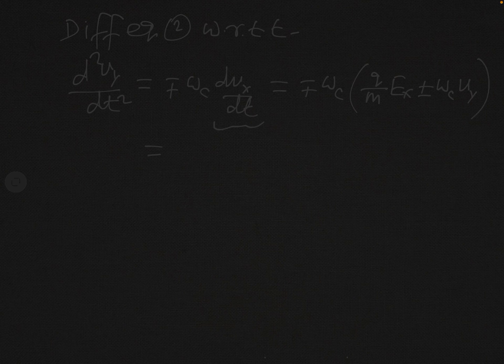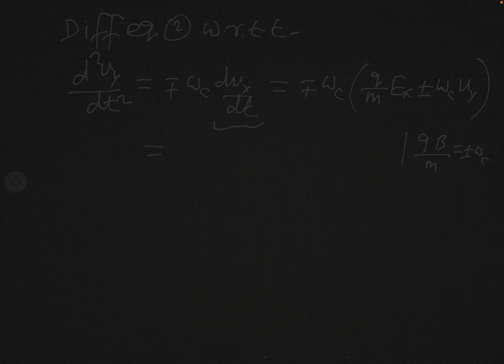And now you can see from here that, as we know, this qB by m is equal to plus minus omega c. So this q by m will be equal to what?